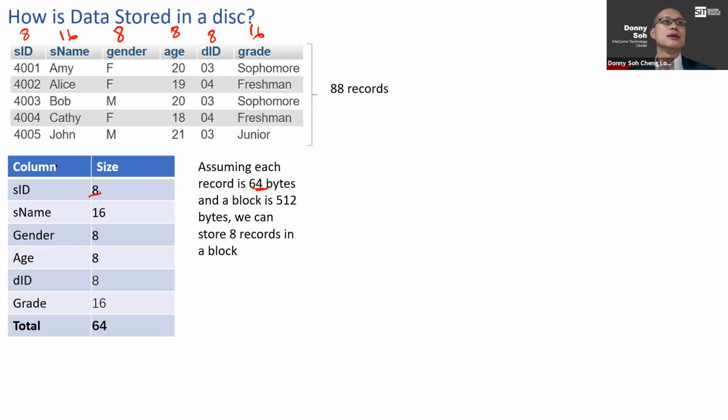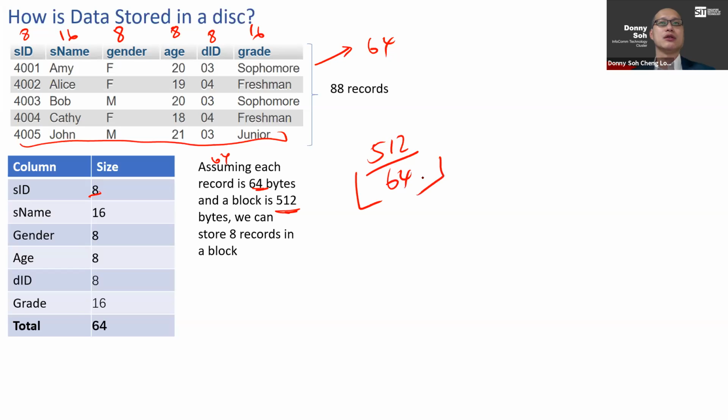All together, we sum them all up, so it's 64. So assuming that each record is 64 bytes, and one block is 512 bytes, 512 divided by 64, and I take the lower bound, is going to be 8. So that's how I get 8 records that can be stored in a single block.